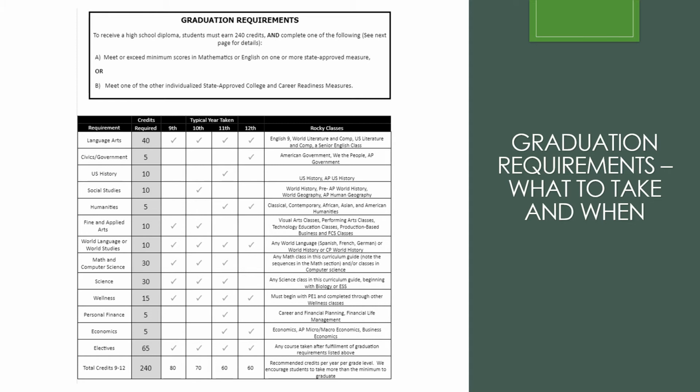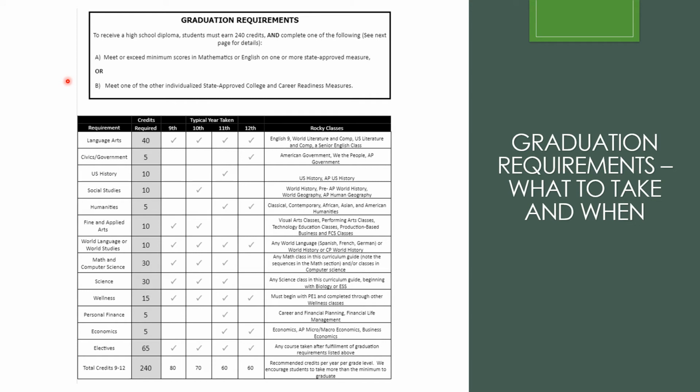There's also a video on the website that goes more in depth about graduation requirements. This is taken from the curriculum guide. And this visual here highlights the overall graduation requirements, which is to earn all 240 of these credits. In addition, you also need to prove college and career readiness. You can do this one of 2 ways.